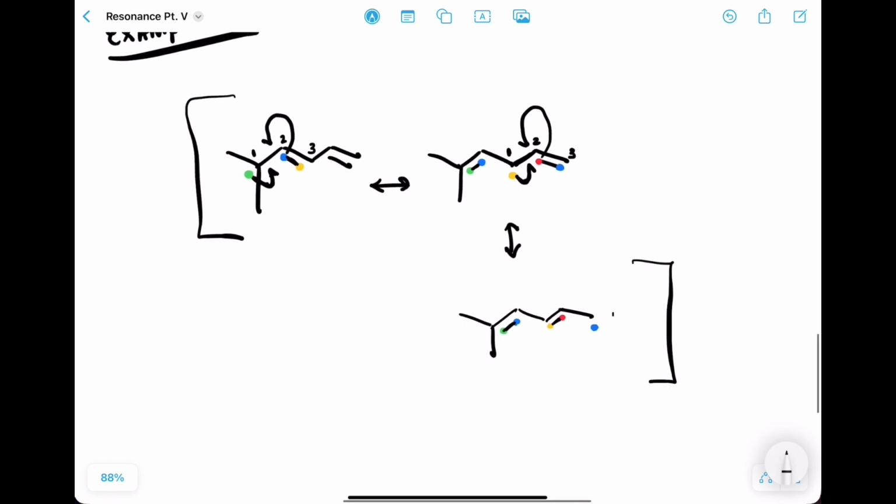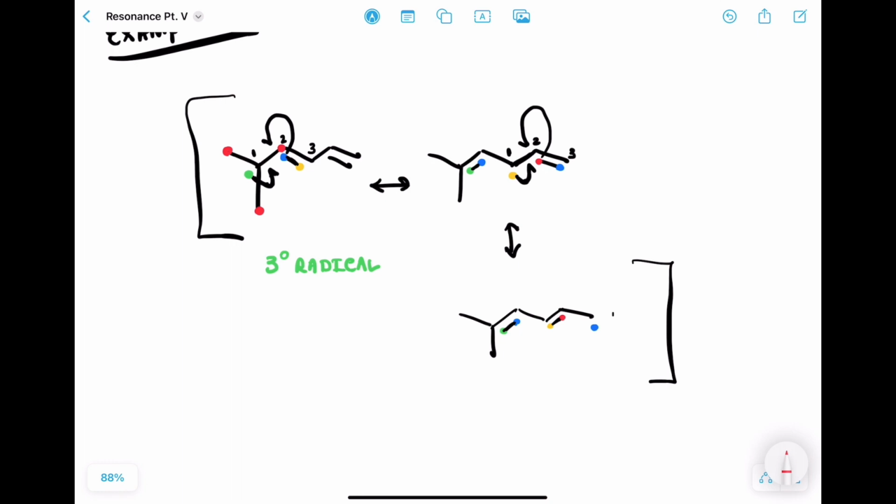We have a tertiary radical on this first structure. Why is that? Well, that's because we have three neighboring carbons all pushing electron density to where that radical is. So that radical is essentially unlike a positive charge. The positive charge is an absence of electrons.